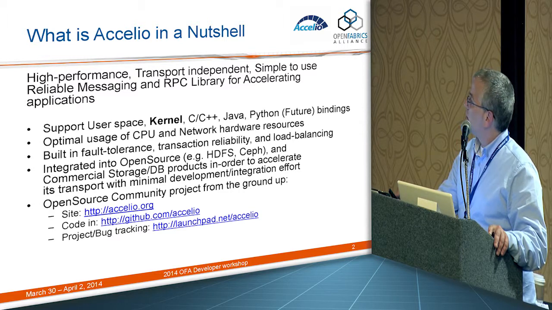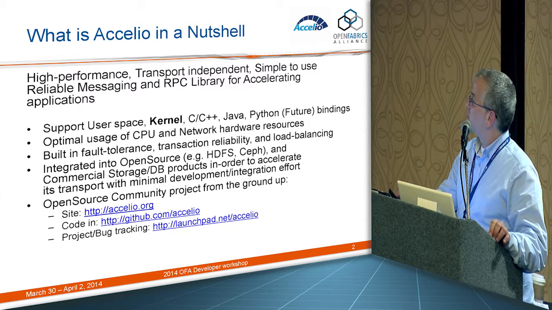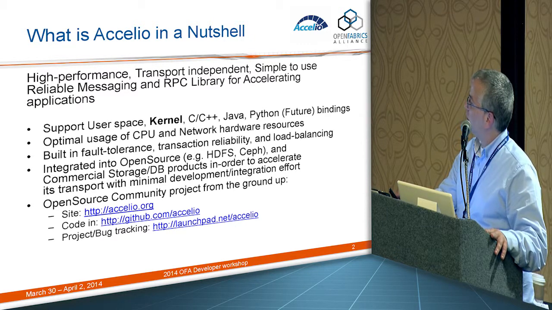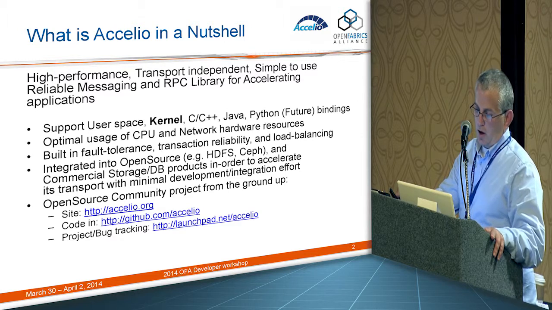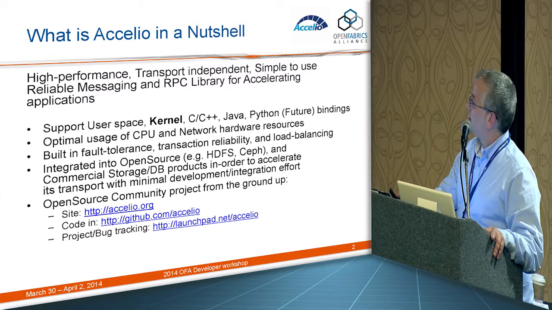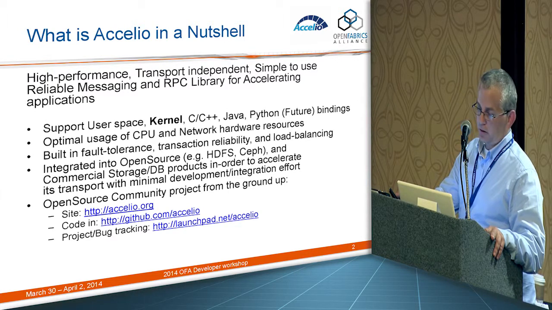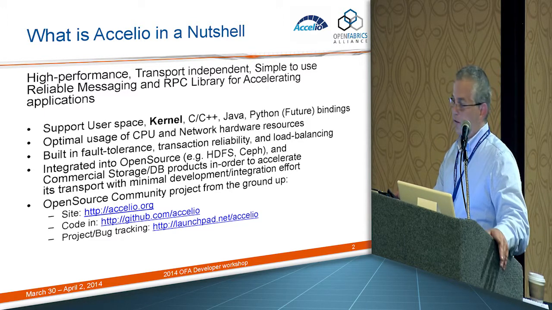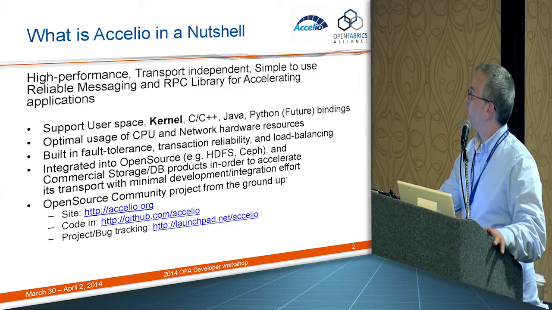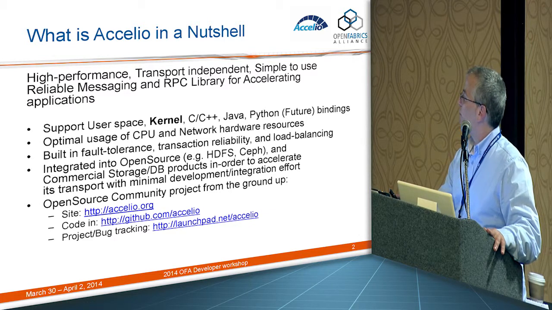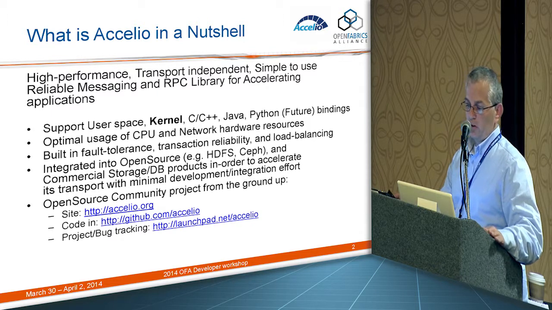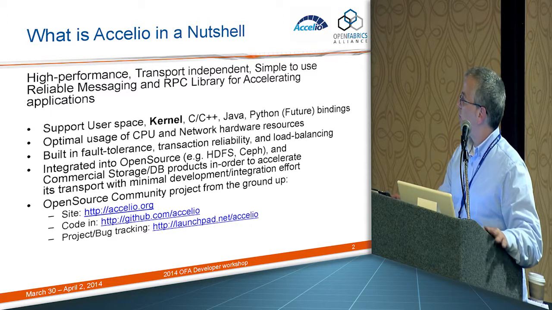So we tried to analyze those requirements and wrote the API. And I will present it in a few slides. The API has a user space API. It also has a kernel space API, which means that a kernel client, a client which is written using the Accelio kernel API, can talk with a user space API, and the user space API can talk with the kernel API, and you can do all the mixtures between them.